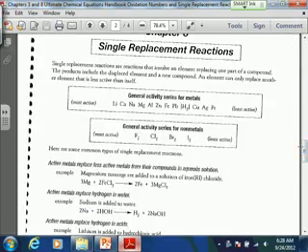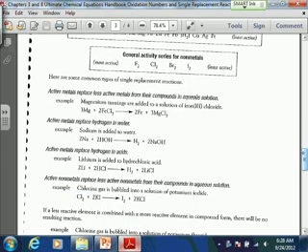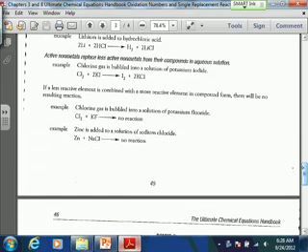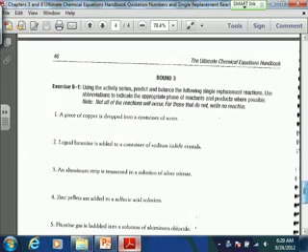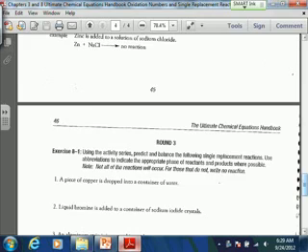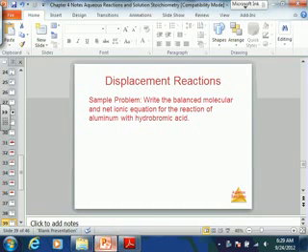Single replacement reactions, and then it's got a general activity series for the metals and for the non-metals. We're going to talk about that in a second. Active metals replace less active metals. That's the way that works. And then it gives some examples and some practice on that. So really there's not a lot else there that needs to be added.